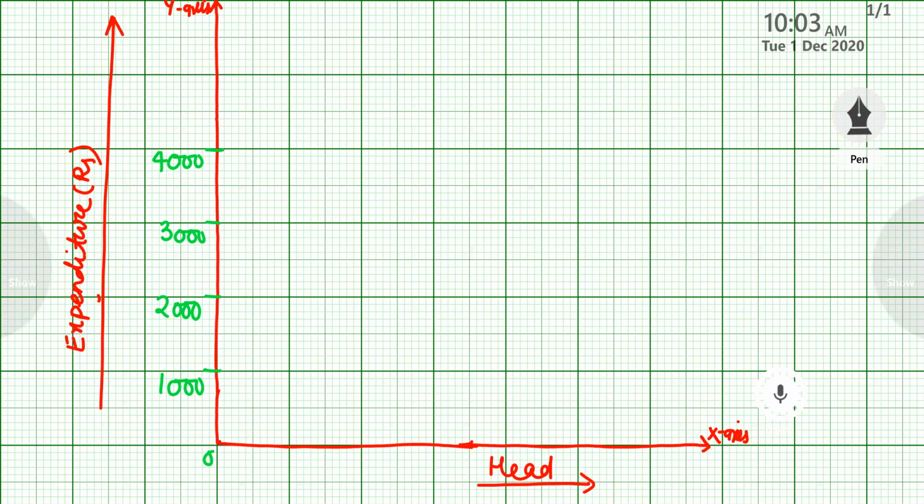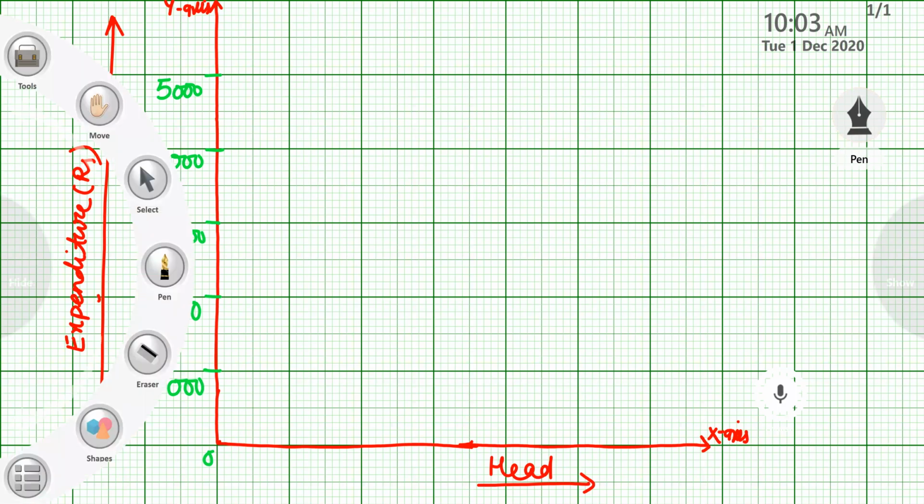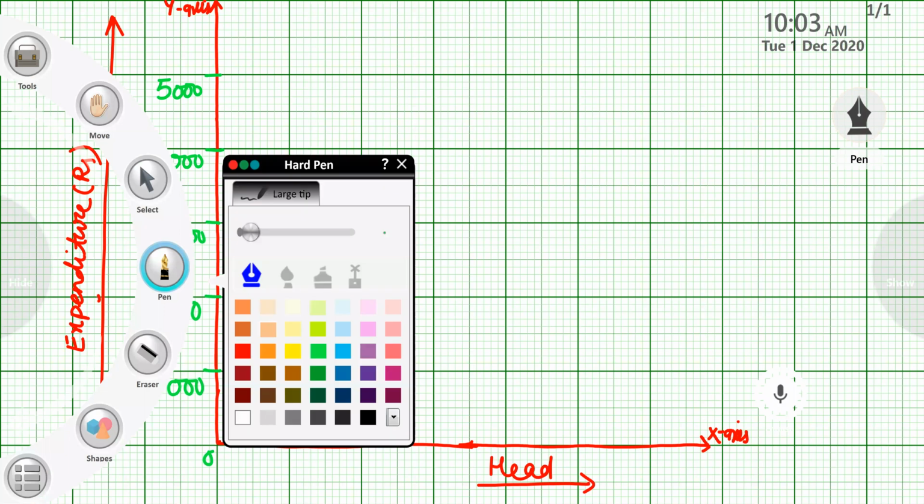First head is food. For food, that family member, the expenditure is 4000.